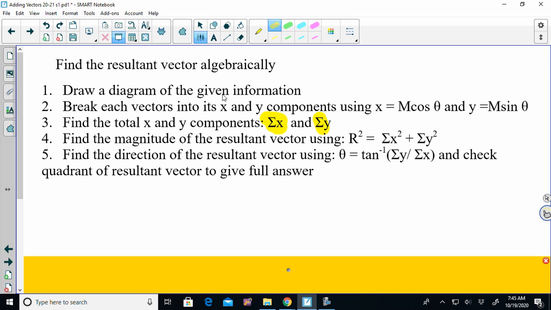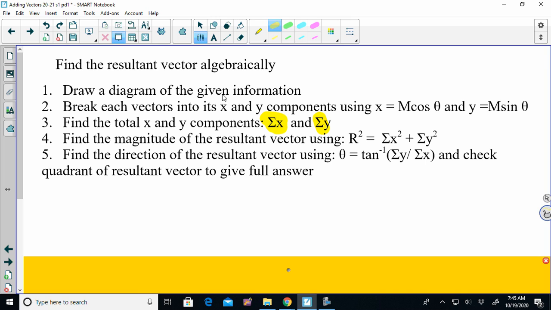Then I'm going to find the direction using the inverse tangent, which is the total y over the total x, and then check its quadrant, depending upon whether the x's and the y's are positive or negative. So you may want to screenshot that or get that down. I'm going to go through each one of these steps individually with an example so that we can follow along.